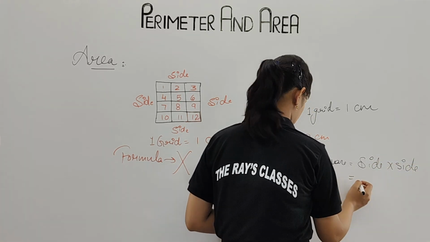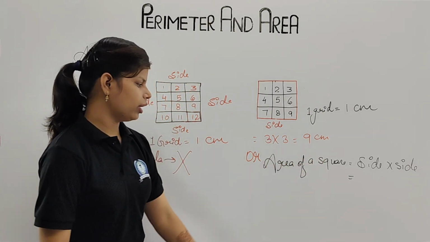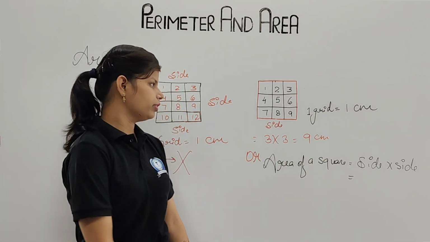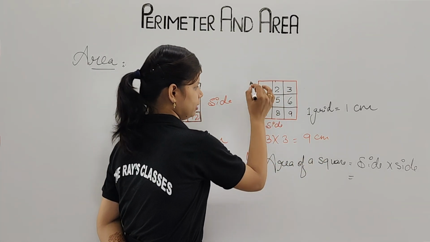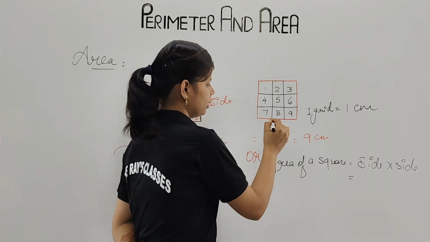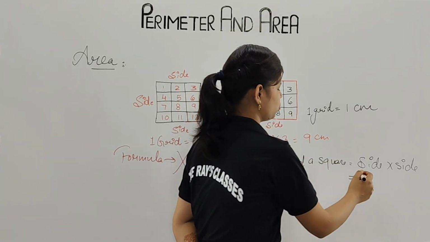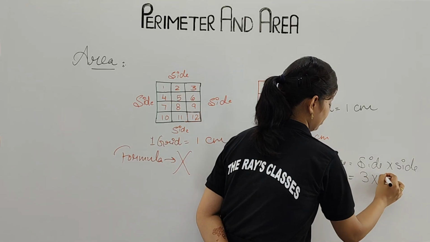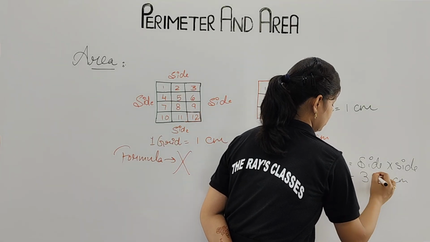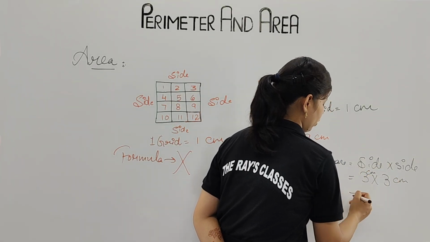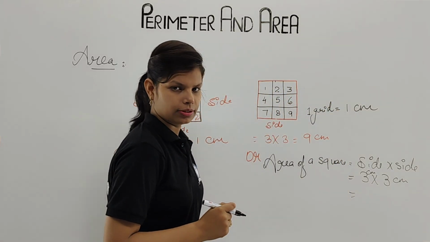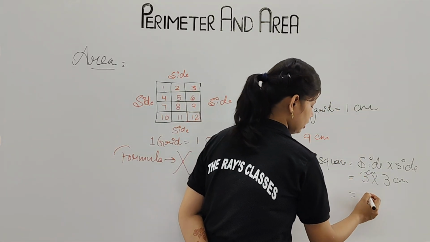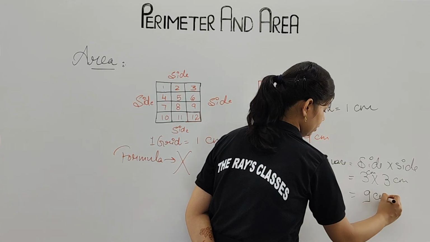Here, what is the side of this figure? This side you are having 3. This side also you are having 3. That means the total is 3 multiplied by 3. Which unit are they in? Centimeter, because you know very well 1 grid equals 1 centimeter. Clear, no? 3 3s are 9 centimeter squared.